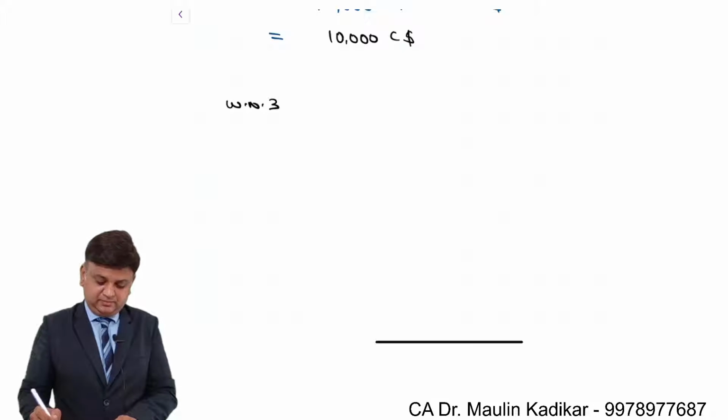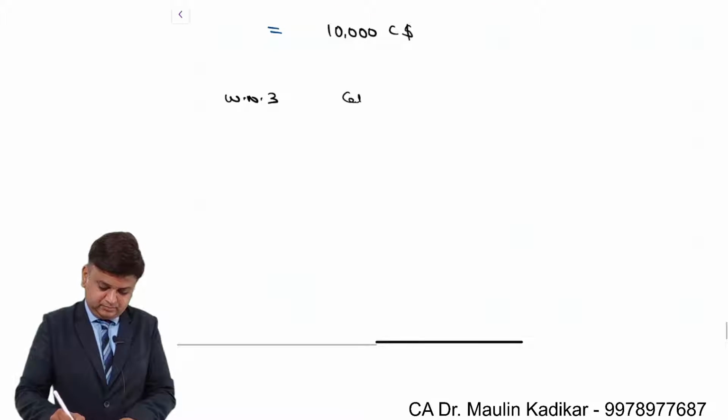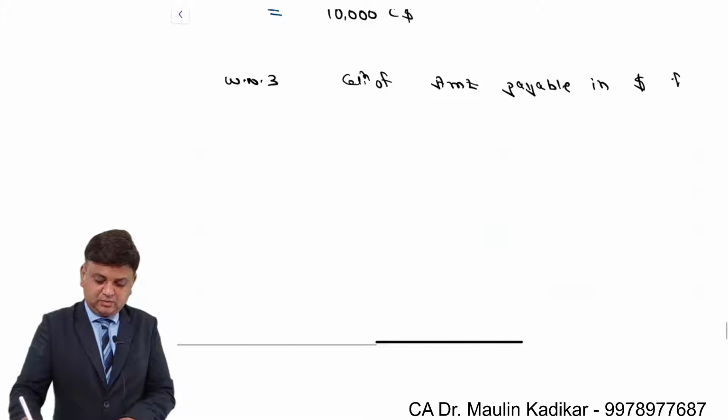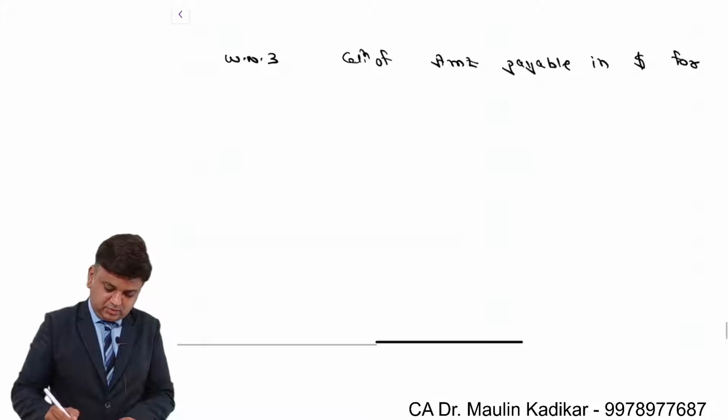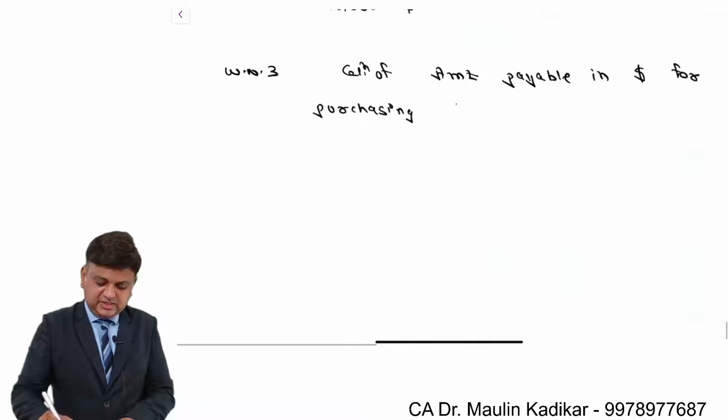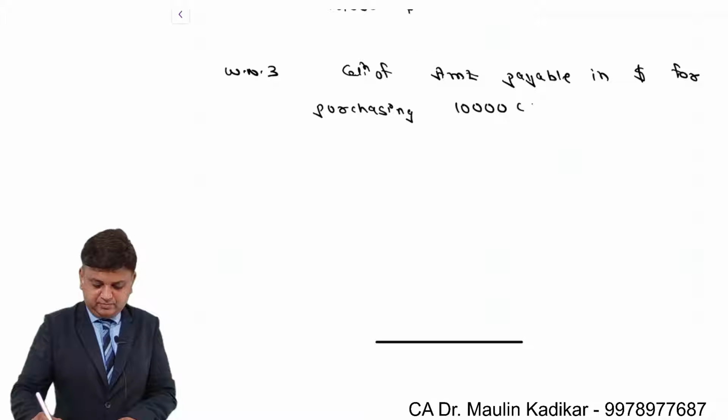Working note number 3. Calculation of amount payable in dollar for purchasing 10,000 Canadian dollar after 1 month.